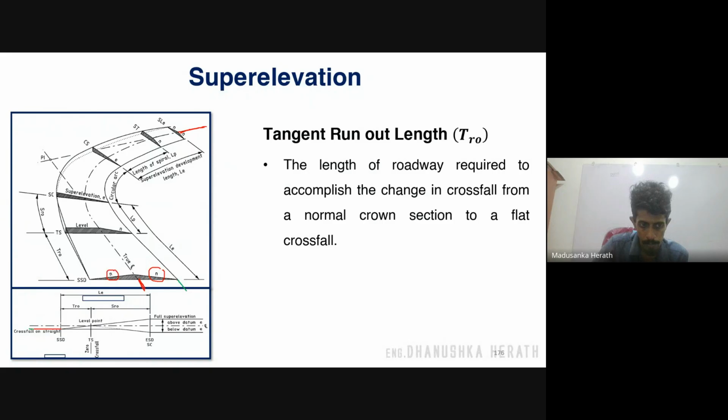This line is here, and the center line. This is the center line. The elevation of the center is higher than the edges. Then this is the other edge, and that is also at this level. In the straight section, the center is high and both edges are at the same level, lower than the center.